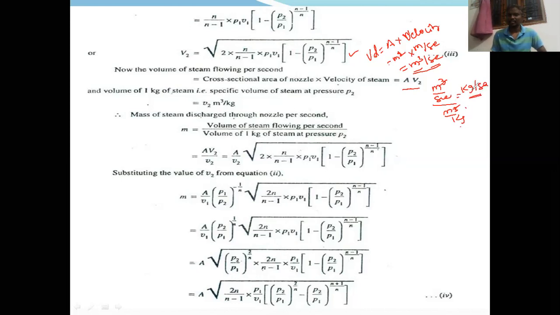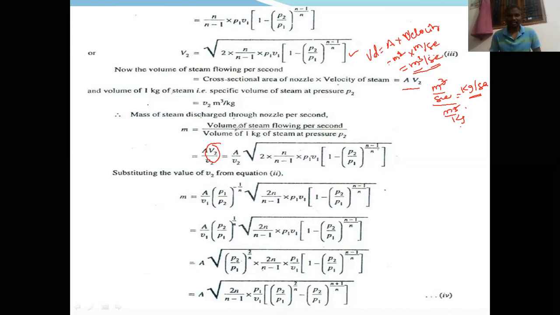So what is the final output we got? Kgs per second. So if you take A into V2 by v2, it will give the mass discharge in kgs per second. So this is the mass discharge formula. A V2 by v2, we are keeping A common.